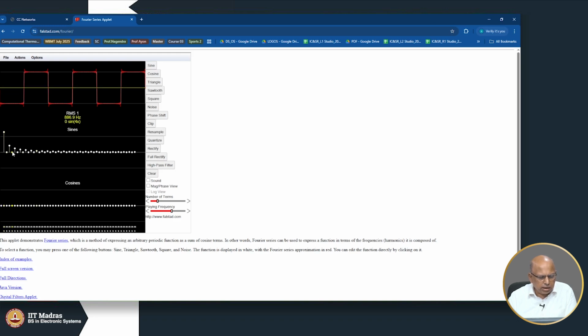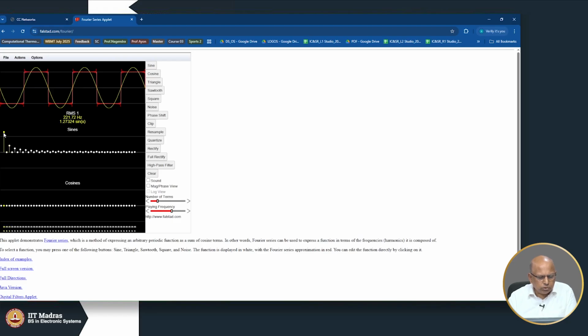If I want to see it as a sum of all these, I can put it here, and it shows you the sine waveform, right. So, this is 1.27324 sin x, this is 0.4244 sin 3x. Okay.